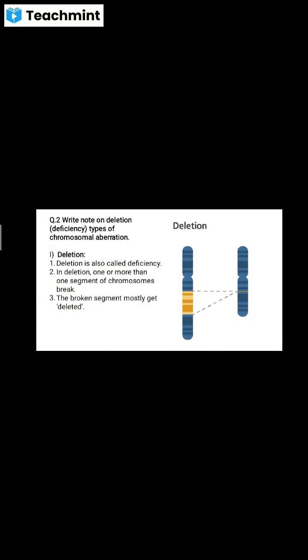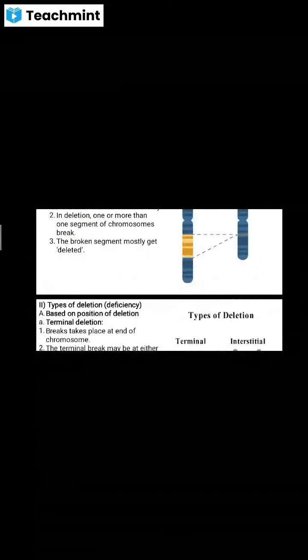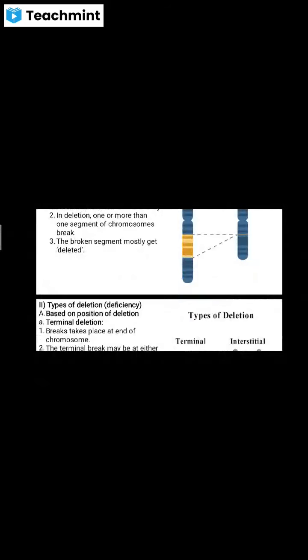In case of deletion, which is also called deficiency, one or more segments of the chromosome break down, and these broken segments are deleted. The segment is first cut, broken off, and then deleted.